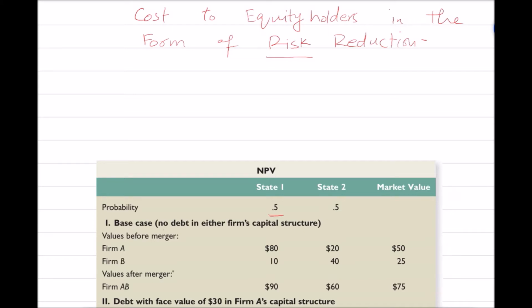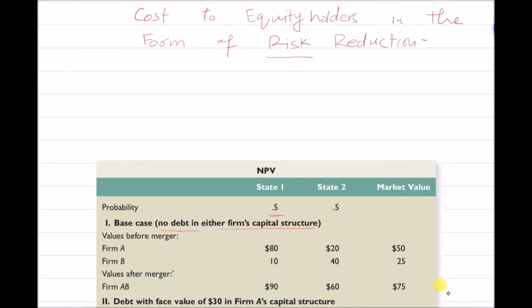Both firms have no debt in their capital structure, so all of their value is in the form of equity. Before merger, firm A had $80 of value in state 1, and in state 2 it has $20 of value.